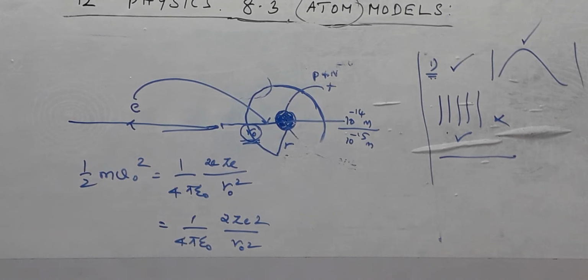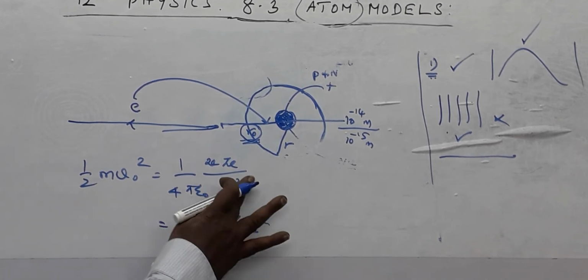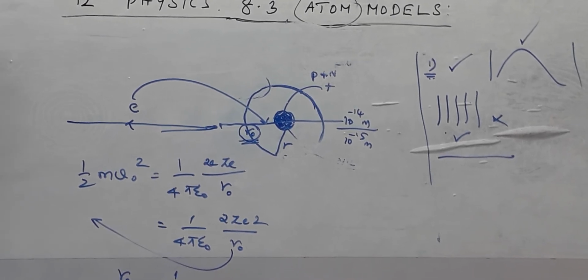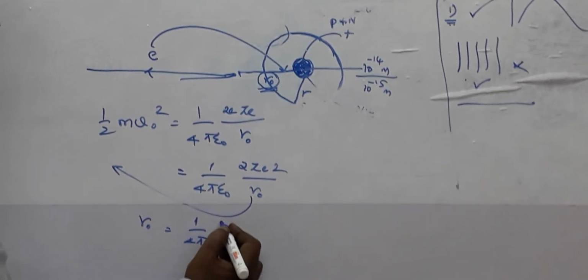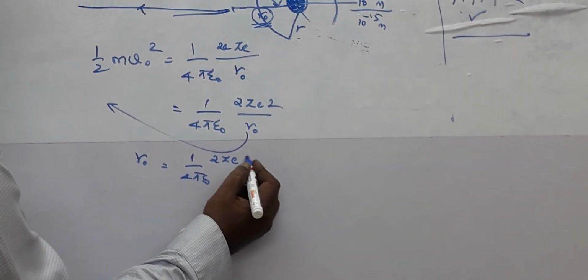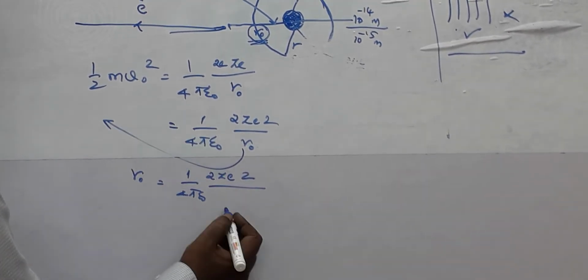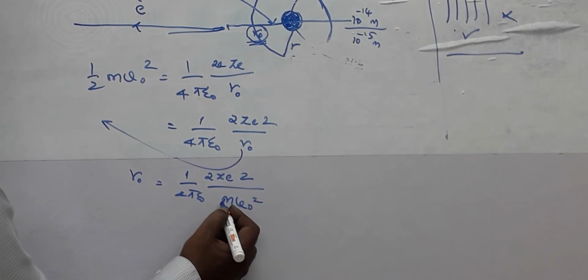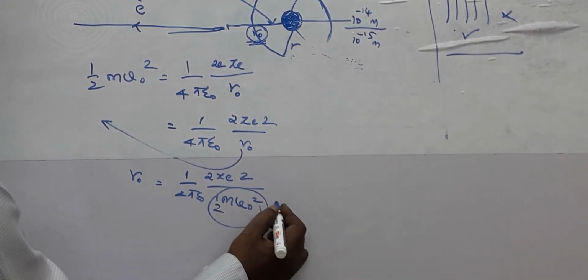Now we want to find the value of R0. Bringing R0 to one side, we get R0 equals 1 by 4 pi epsilon naught 2Ze square divided by half m v naught square, which is nothing but the kinetic energy.